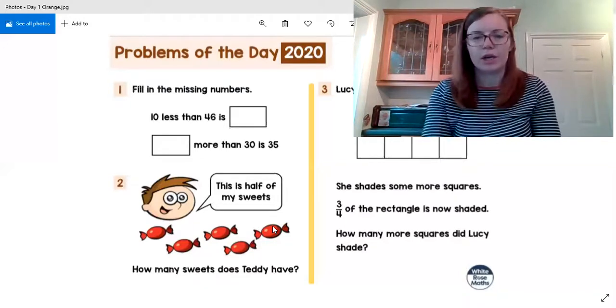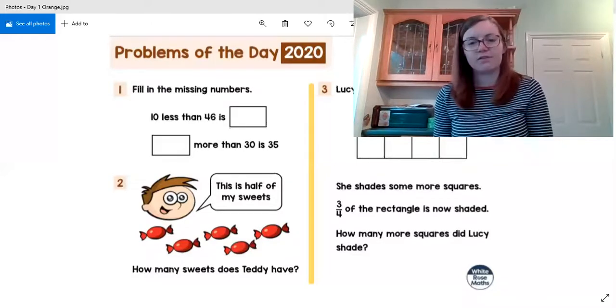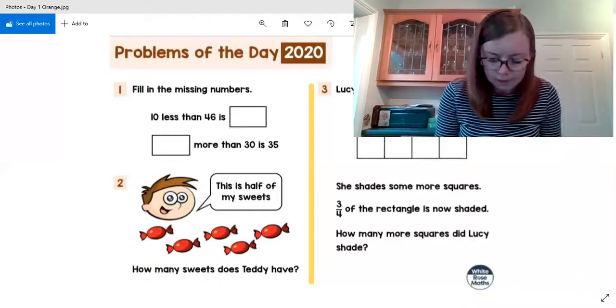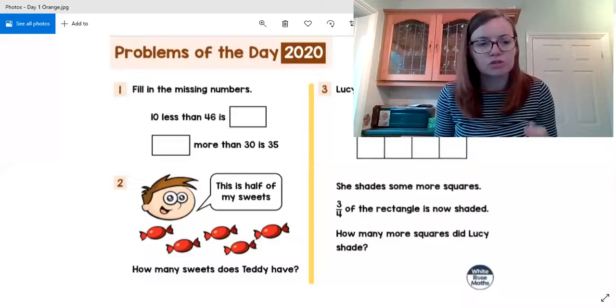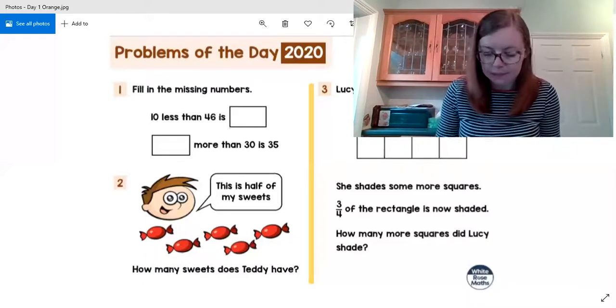Let's have a look at question number 3. So over here, we've got a bit of a different question. We've got a rectangle. Now, it might be quite hard to see on my screen, so I'm going to draw it out as well. And this rectangle has been cut up into pieces.